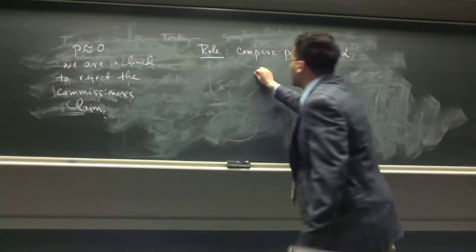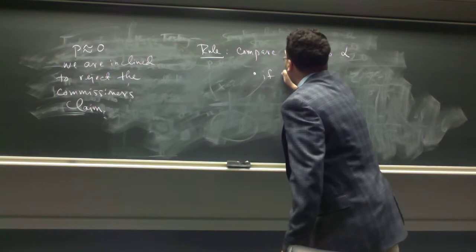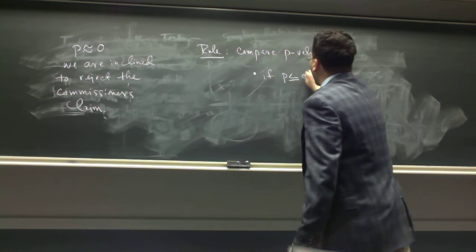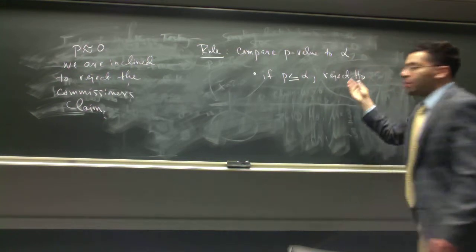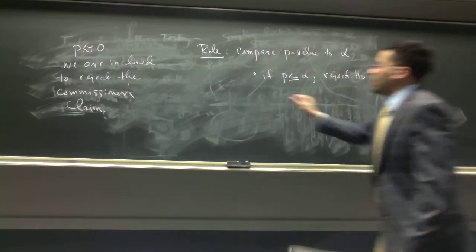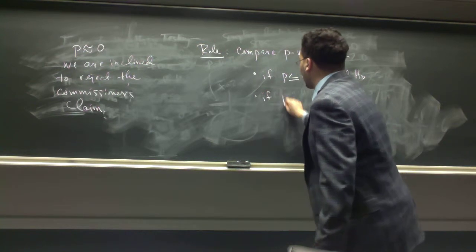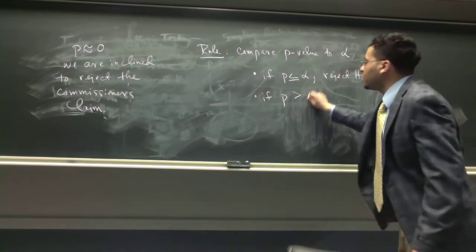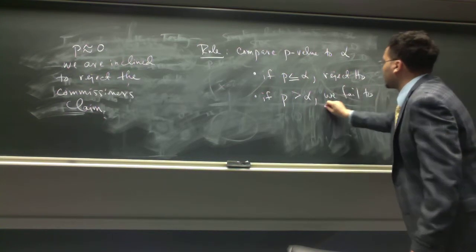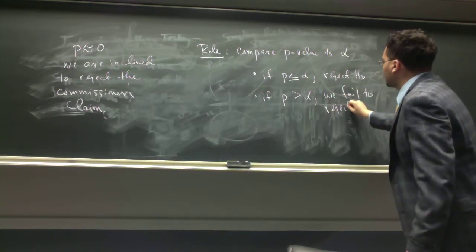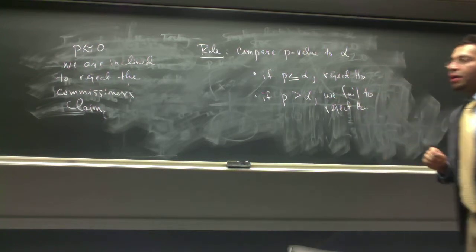If p is less than or equal to alpha, we reject the null hypothesis. If the p-value is greater than alpha, we fail to reject the null hypothesis. Okay?